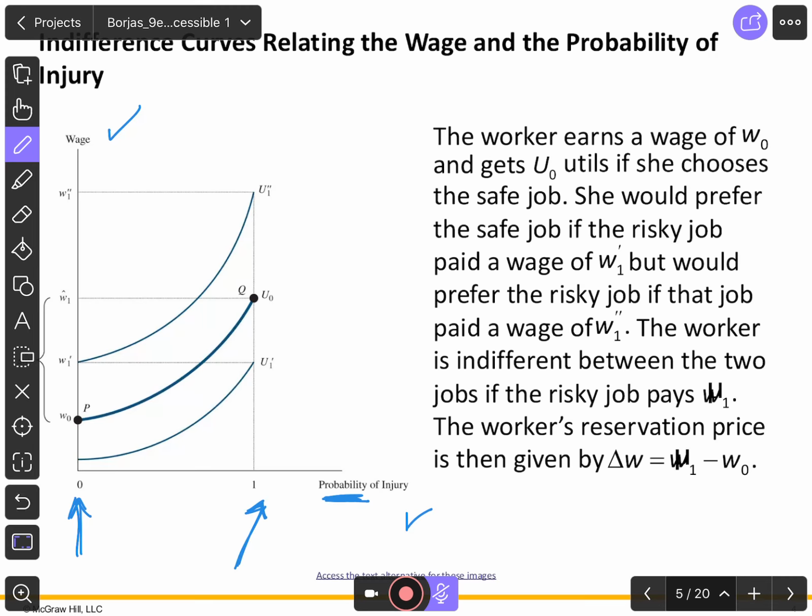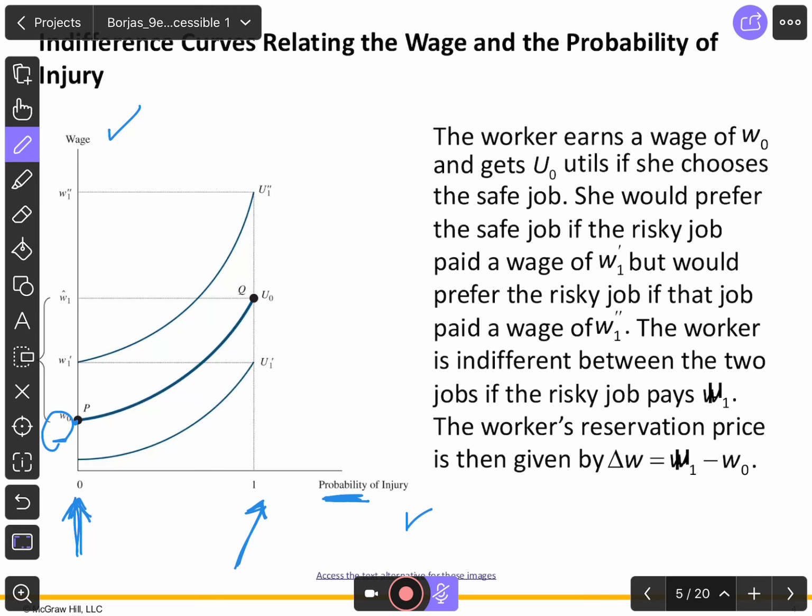If we think about a worker who earns a wage of W0, this worker would prefer a safe job because the probability of injury is zero. At a probability of injury of zero, this worker is earning W0.